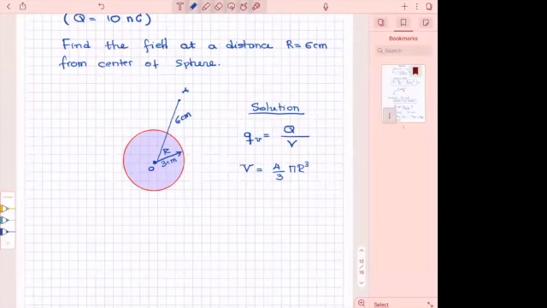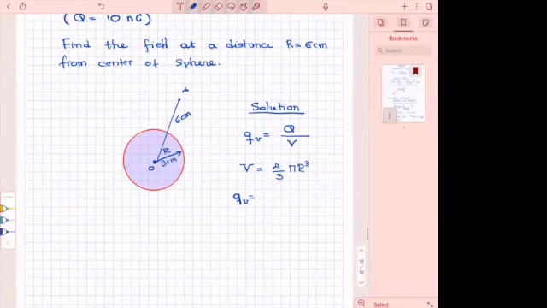That's the volume of the sphere. So now I can find a volume density, which is going to be 3Q divided by 4 pi r cubed.